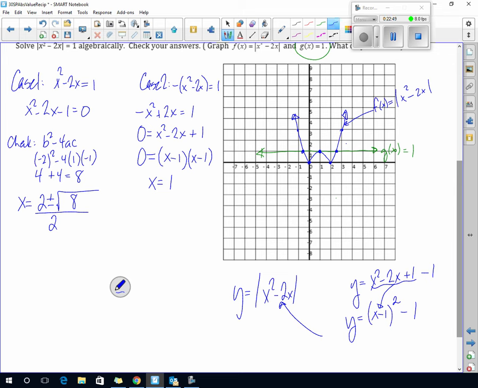In this case, I'd probably take a calculator to get a decimal equivalent. That one's probably giving you negative point something, 0.6. And this one's giving you positive 2 point something.